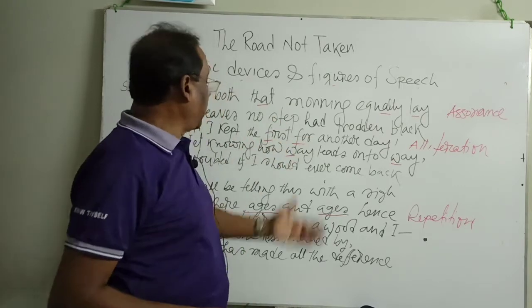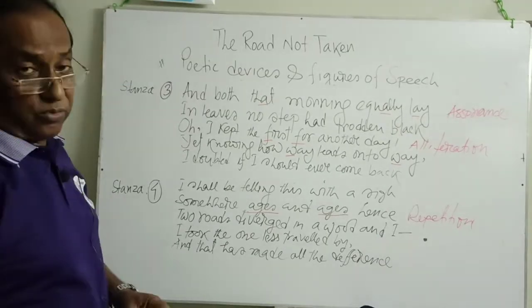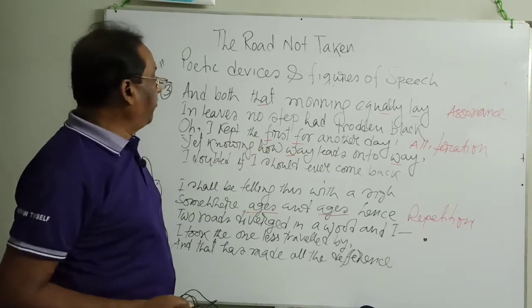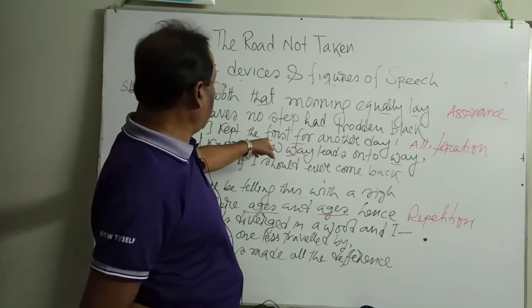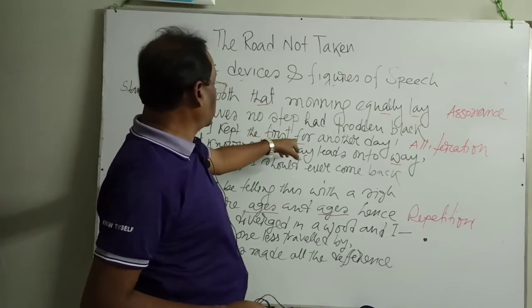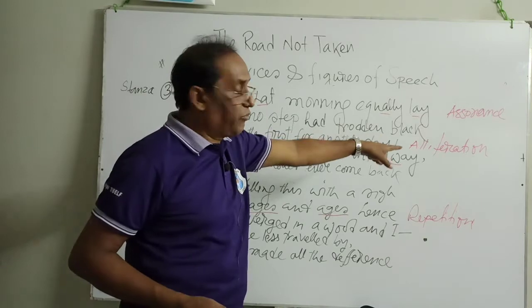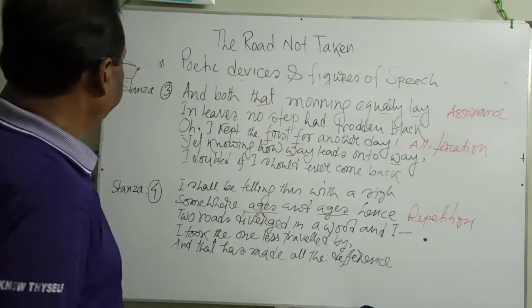So this is the repetition of consonant sound at the beginning of two neighboring words. And this type of repetition of same consonant sound at the beginning is called alliteration.